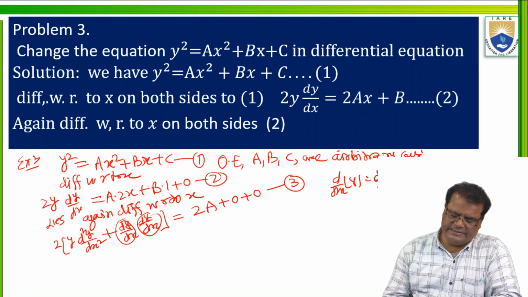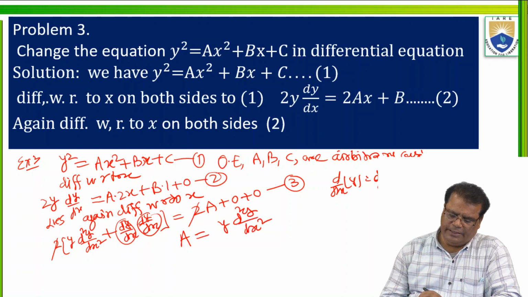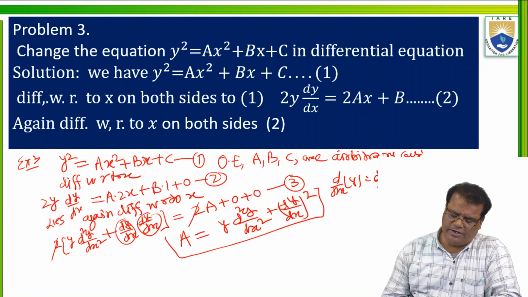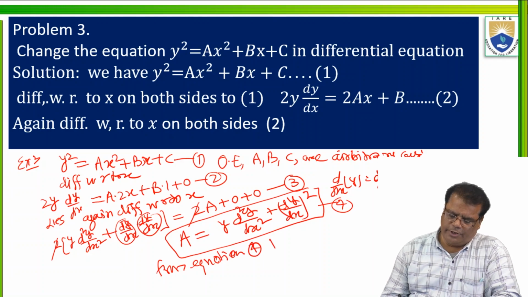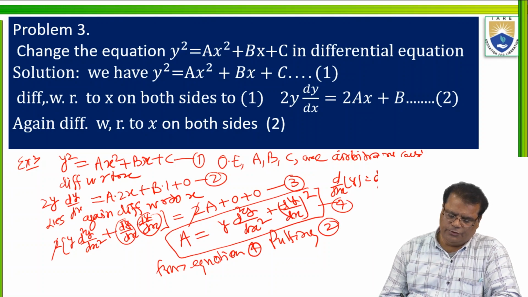Okay. So the 2 is cancelled on both sides, and we get the value of a: a is y d2y over dx2 plus dy/dx whole square. This is equation 4. Now putting 4 in 2, we get b, equal to this minus this.